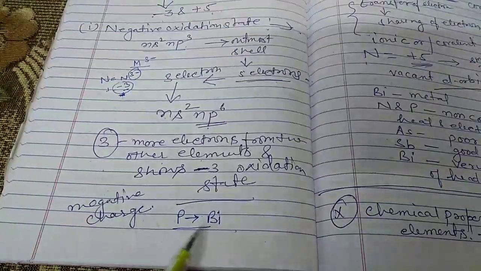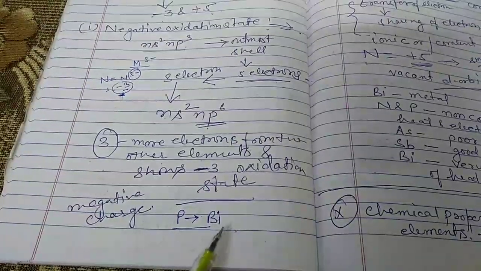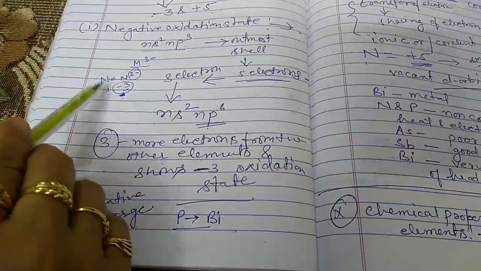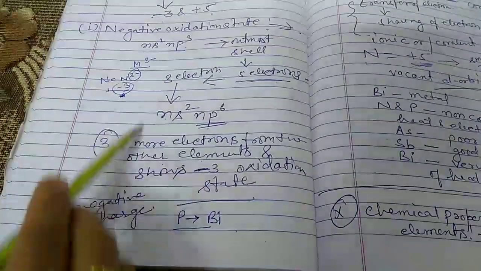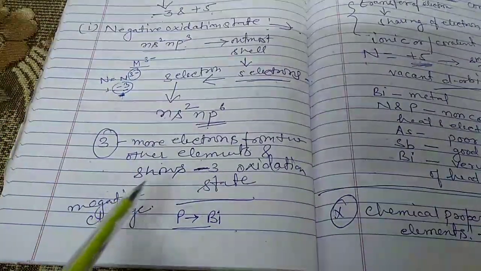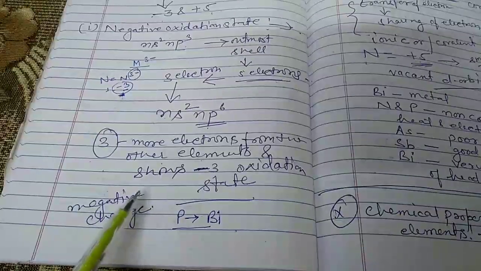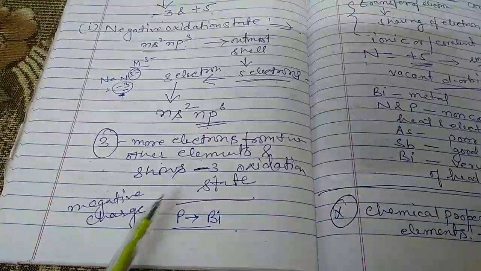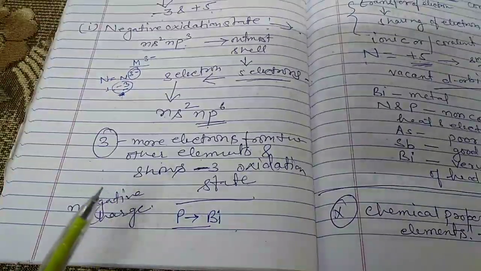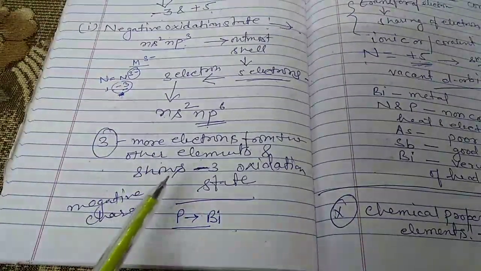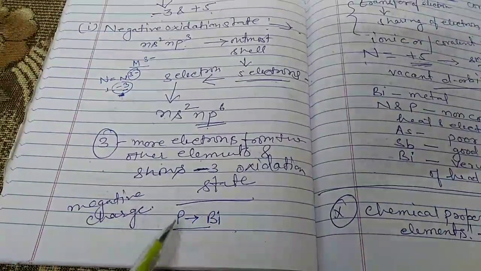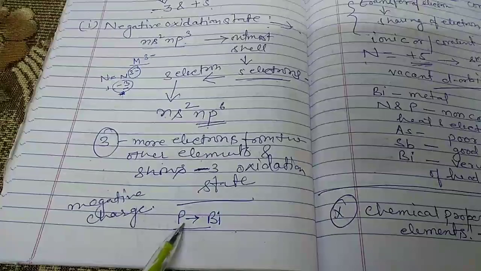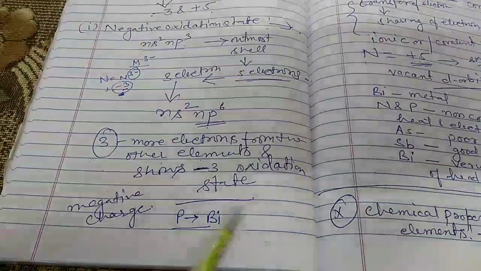And why does it decrease? The reason is the increase in size. Nitrogen has the smallest size, and as we move down the group from nitrogen to phosphorus, the size increases as well as the metallic character. That's why this tendency to form the -3 oxidation state decreases from phosphorus to bismuth.